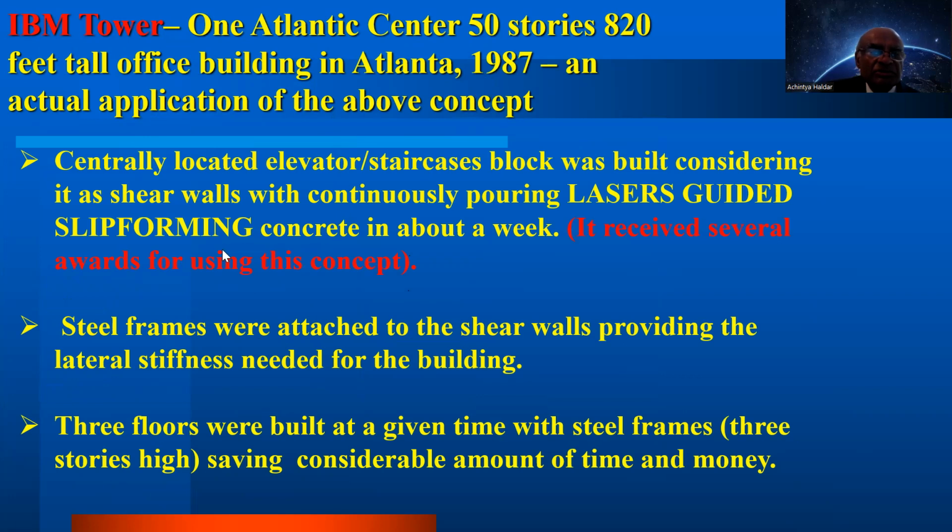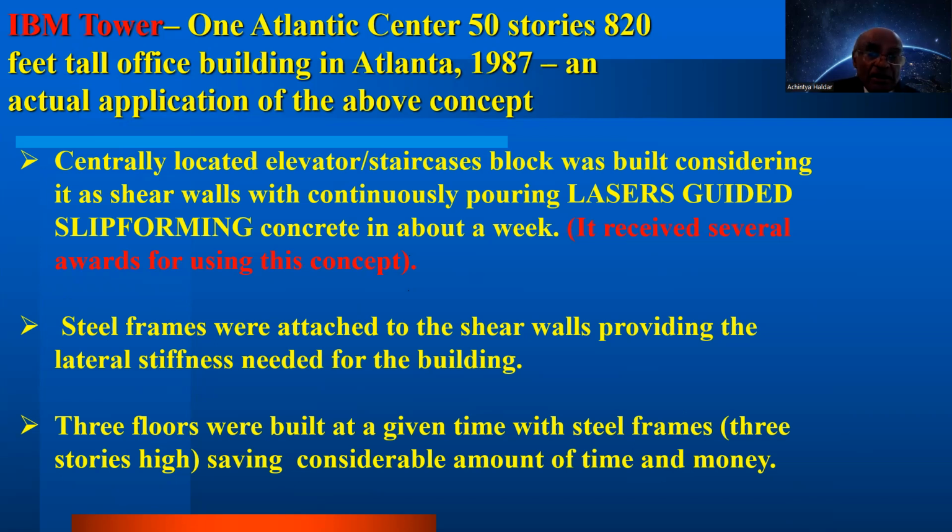This concept was used. Basically, the stair wall and elevator shaft block was used as concrete shear wall. They used laser-guided slip-form concrete in about a week with extremely accurate result.